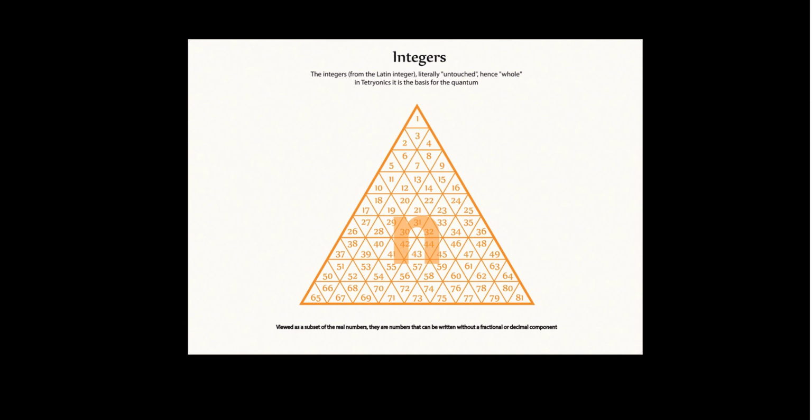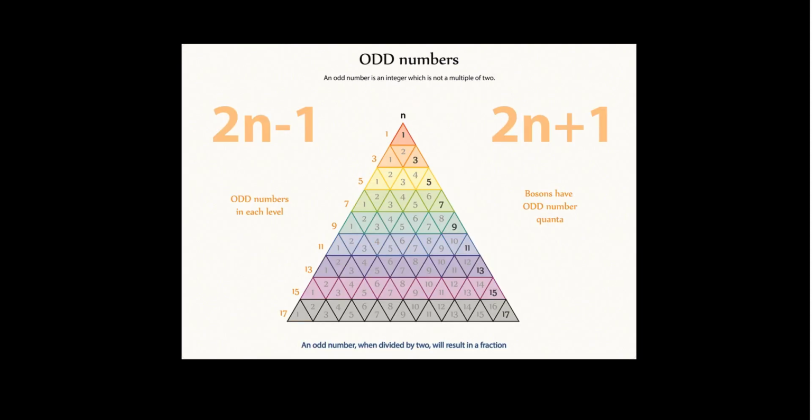So the integers, and they can be numbered anyway, as I said, are simply the numbering pattern of each and every triangle within a larger triangle. From there, we quickly note, well, I did at least, if you follow the color coding there, that the first line has 1, the second line has 1, 2, 3, the third line 1, 2, 3, 4, 5.